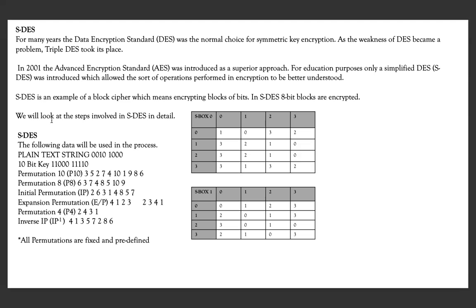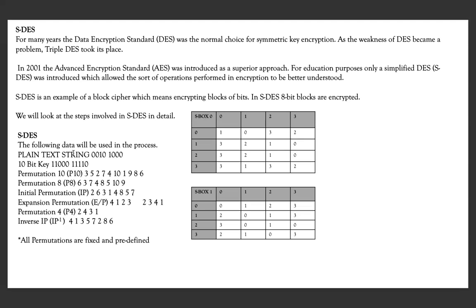So we will look at the steps involved in SDES, and for SDES, we will be using these different key values, okay? These considerations will be used. First of all, the plain text that I'm using will be this string, 0010100000.